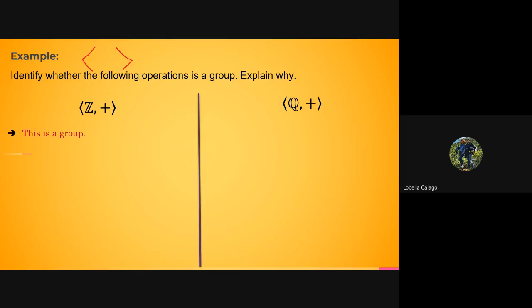It means that we're talking about groups. So, this one daw, a set of integers with an operation of addition is a group daw. So, ang answer natin, this is a group. How about the set of rational numbers with an operation is also a group. Is this a group? This is also a group.